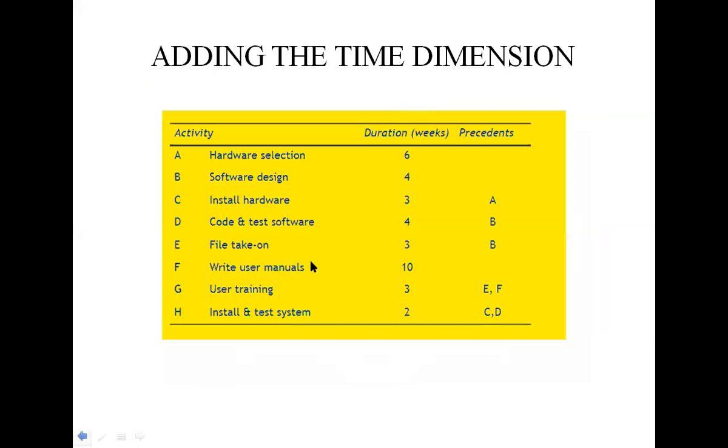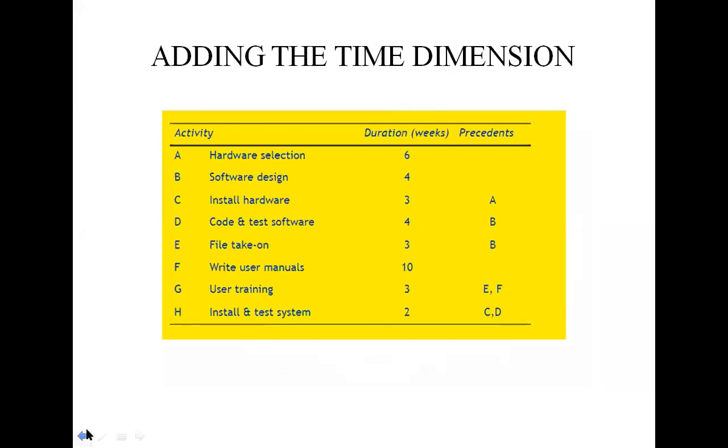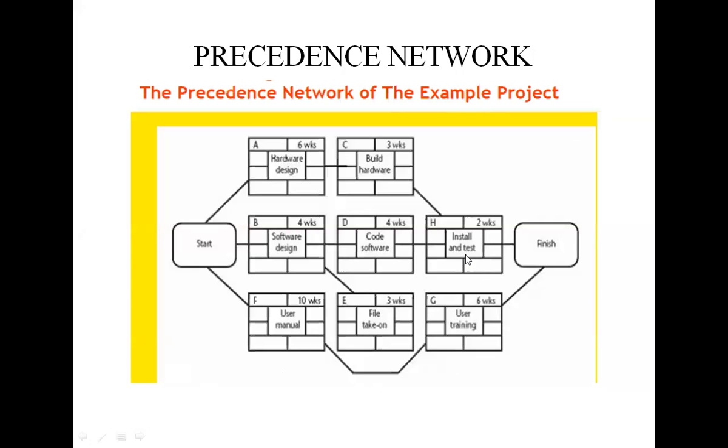User training has precedence E and F. Sorry, user training. Next, installation and test has precedence C comma D.